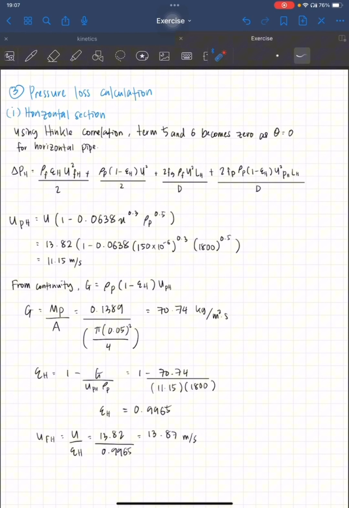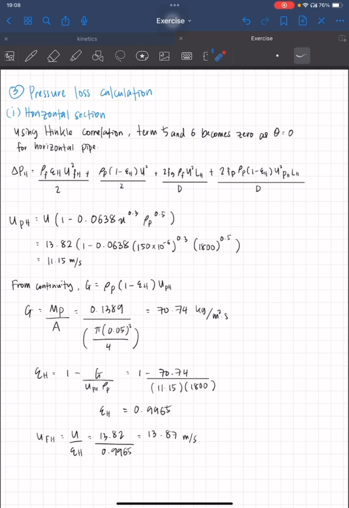Next, we proceed to the pressure loss calculation. First, we proceed to the horizontal section. For this section, we use the Hinkle correlation. The Hinkle correlation usually has six terms: the first and second terms are with respect to the acceleration of gas and particle, the third and fourth terms are with respect to the pipe friction, and the fifth and sixth terms are with respect to the static head.